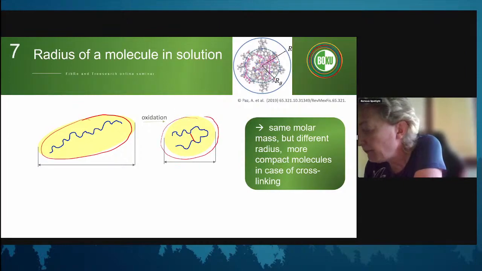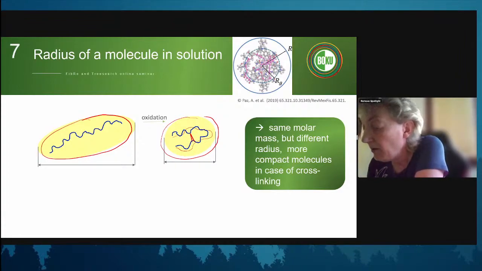So the cellulose backbone is still the same, it just adds one cross-link. So our molar mass is basically the same, but our radius changes. The molecule now becomes a lot more compact. So we have a really smaller radius, and of course this molecule elutes later in SEC, which suggests that we have a smaller molecule, which is true, but the molar mass is still the same.